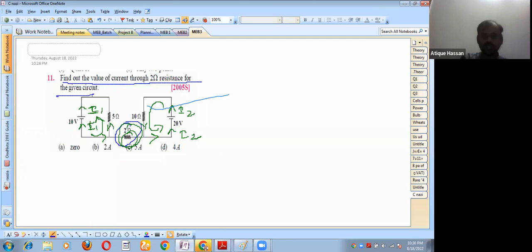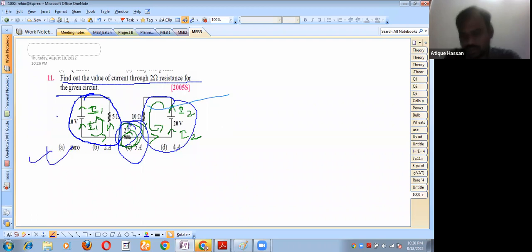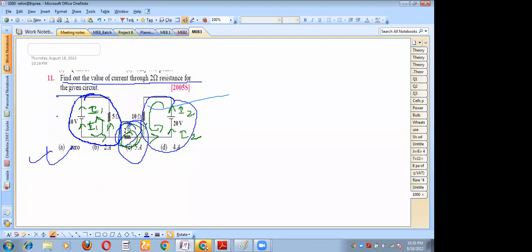The current in this loop will be confined to this loop only, and current in this loop will be confined to this loop only. So no current will pass through 2 ohm and the answer will be 0. Understood? But there is a connection between the 2 ohm resistance. Right? What is?